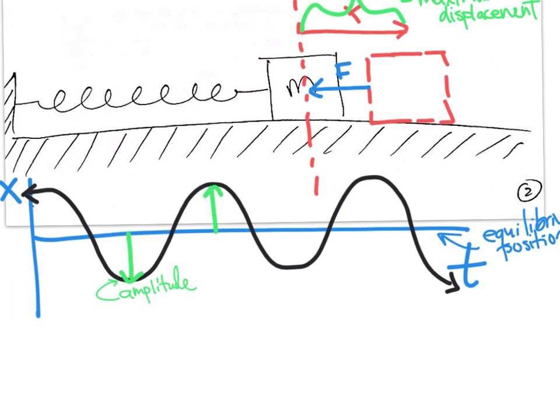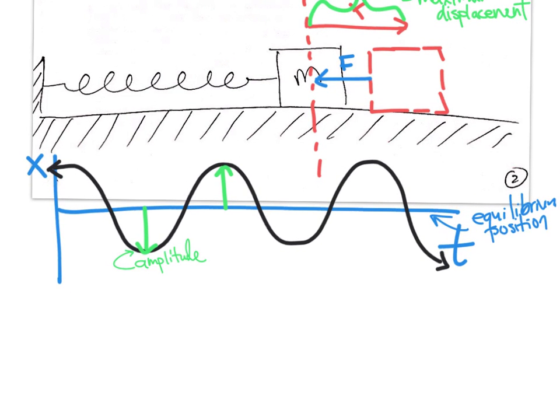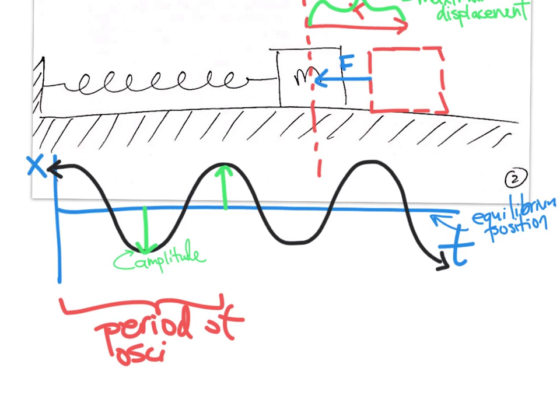And our next thing was period of oscillation. So amount of time for one complete cycle. So if we talk about where it starts, it's starting over here, right? And then going out and back, that would be one complete oscillation. So we can say this is the period of oscillation.